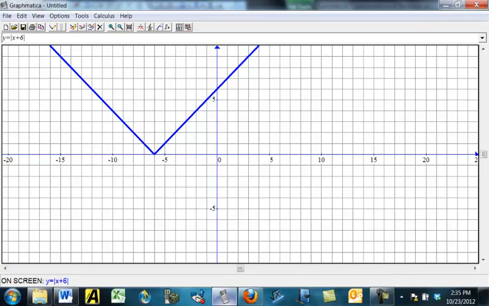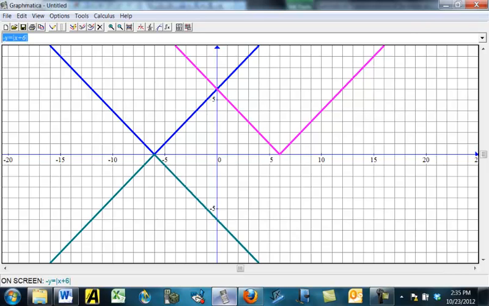If I replace x by minus x, it's going to be reflected over the y-axis. If instead I replace y by minus y, it's going to be flipped over the x-axis and be flipped upside down.